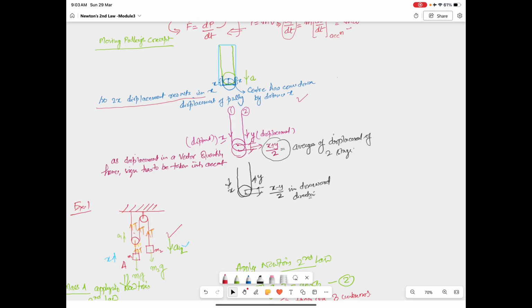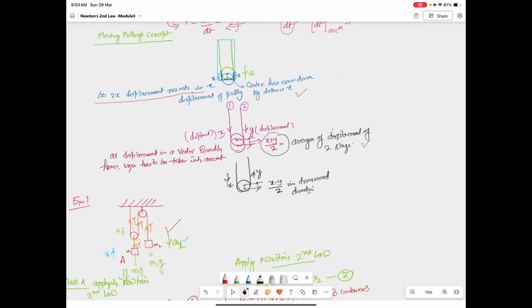In another case, the string may be connected in such a way that one part of the string has a displacement x and another part has a displacement y, so that the pulley will come down by a distance (x + y)/2. So it is actually the average of the displacements. You must understand that the displacement of the pulley will be the average of the two.